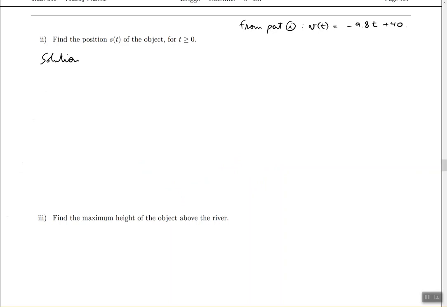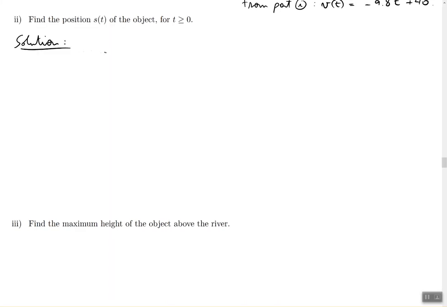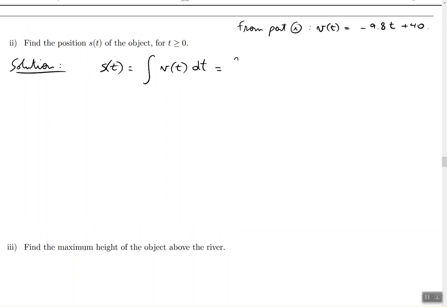Since I want the position, I'm going to say s of t is equal to the antiderivative of the velocity function with respect to t. And keep in mind that in part 1, we discovered that the velocity is negative 9.8 t plus 40. So we have to antidifferentiate that with respect to t.